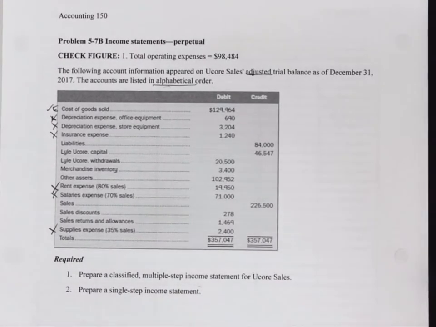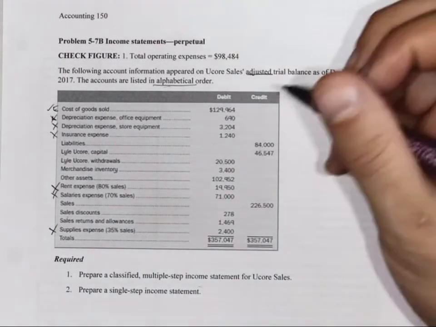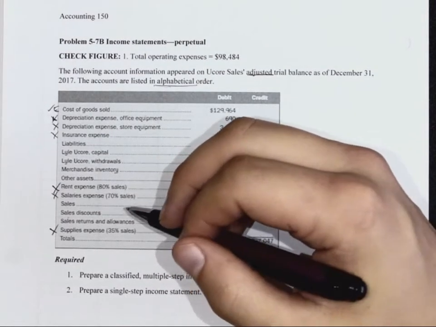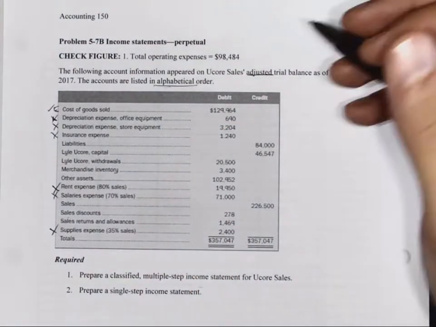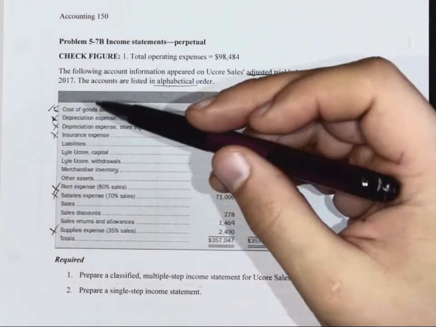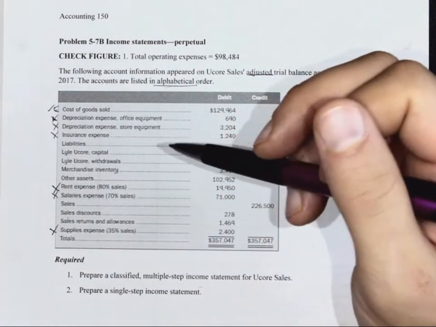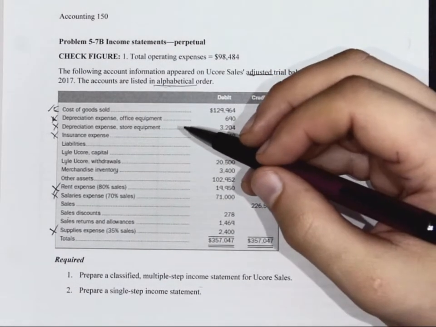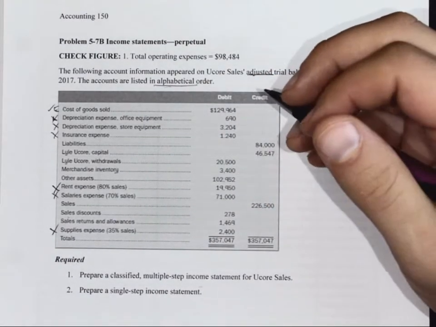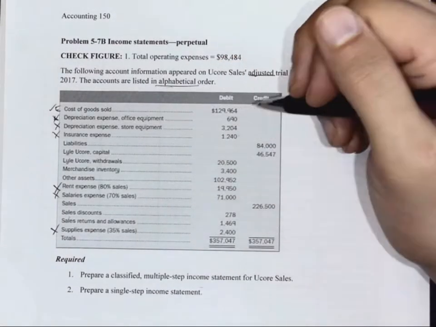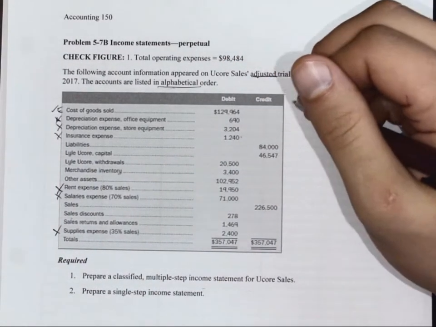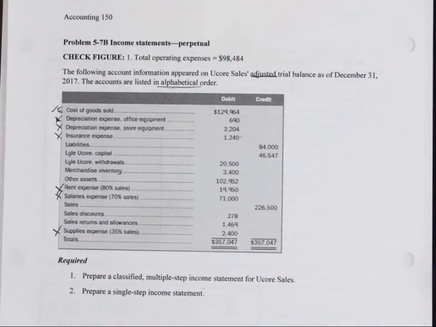Now, we want to split these between selling expenses and general and administrative expenses. The first one, insurance expense: sometimes it'll say insurance expense for store, and then one will say insurance expense for office.